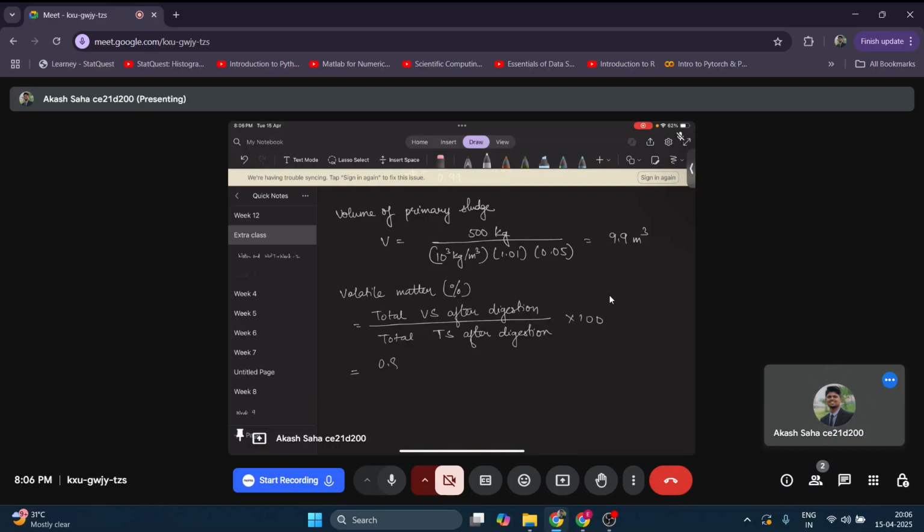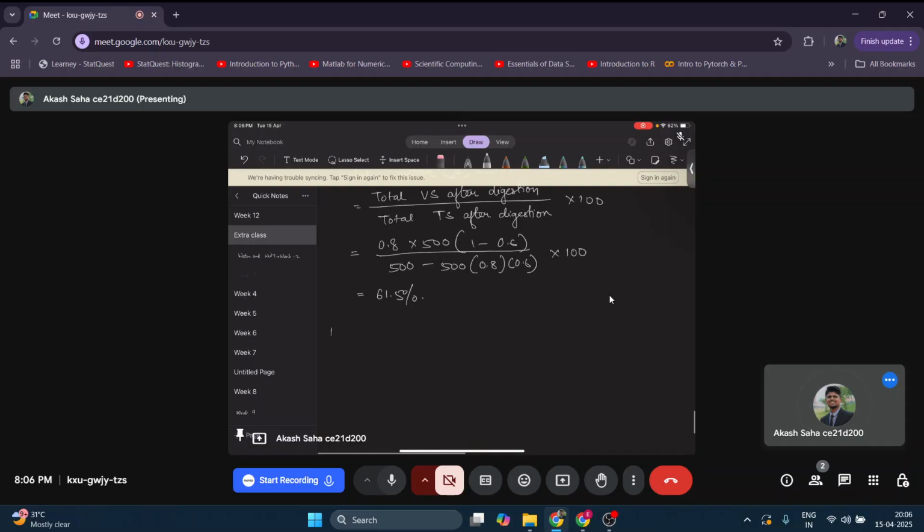So 0.8 of 500, and out of which 60% is getting destroyed. Okay, so this is the total solids. So 61.5 percentage. And then for the digested sludge you have to calculate. So all these things you have to again do it for the digested sludge.